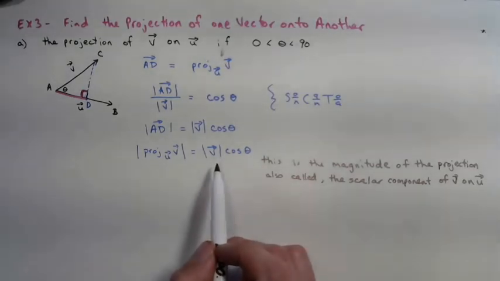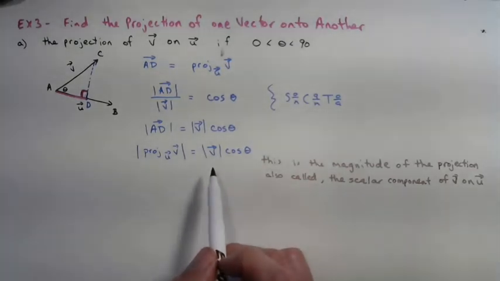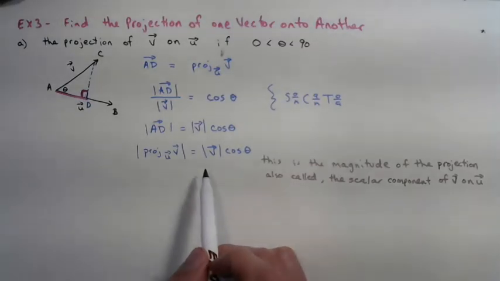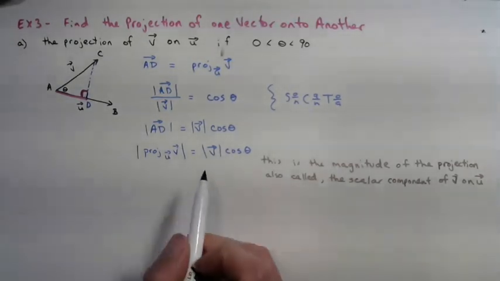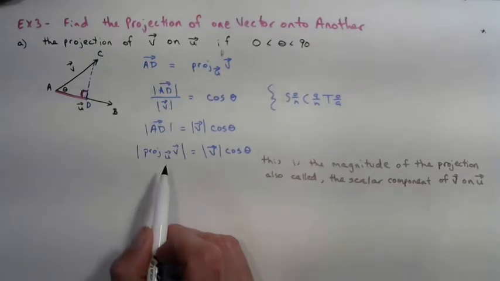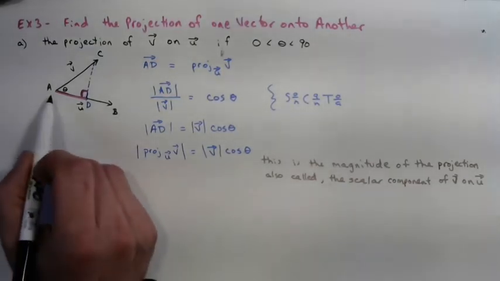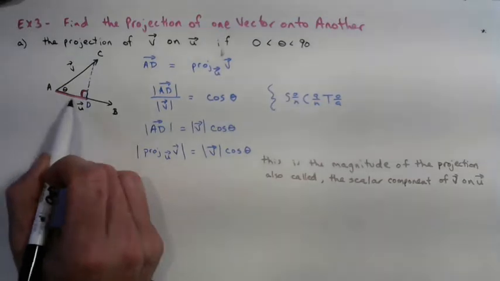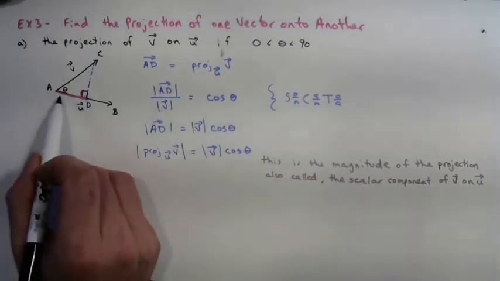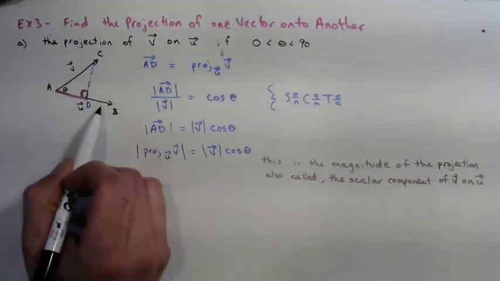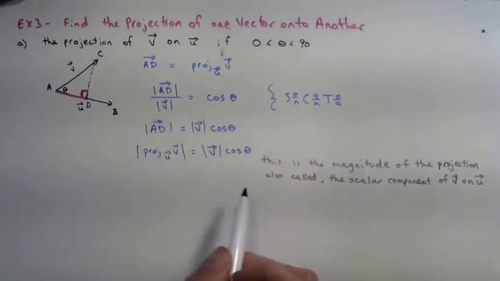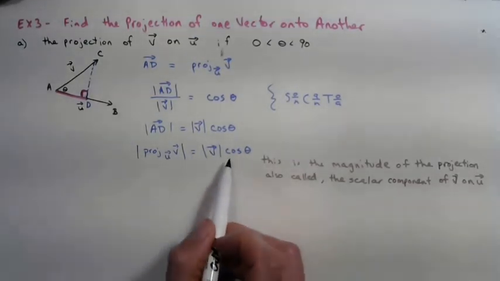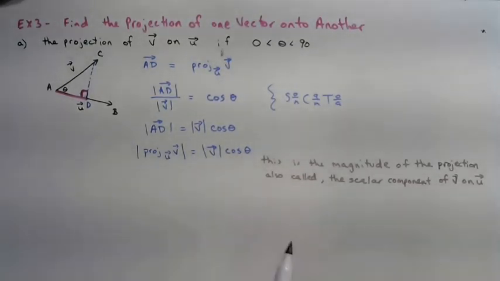Well, how do we come up with a situation where we can get the magnitude and the direction of this vector? The way to do that is to multiply the magnitude of this vector by a unit vector that's going in the direction of the original vector U. So if we had a unit vector going this direction, same direction as U, and we multiplied it by this magnitude, then we would have a full description of this vector.